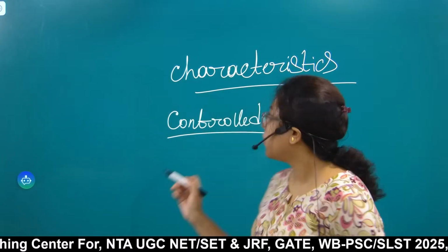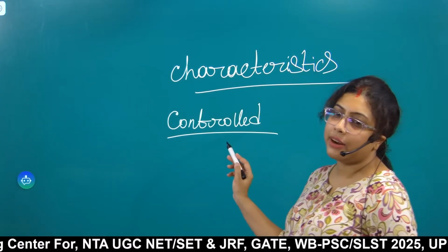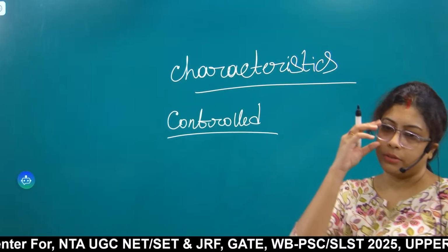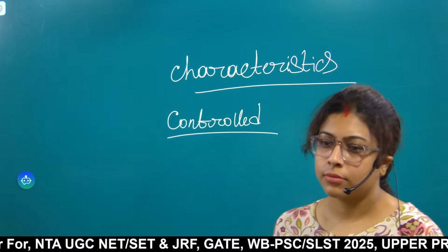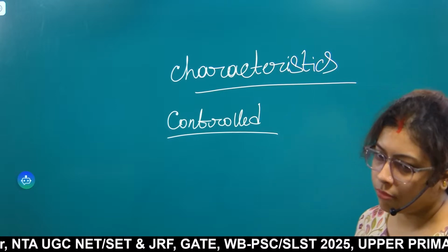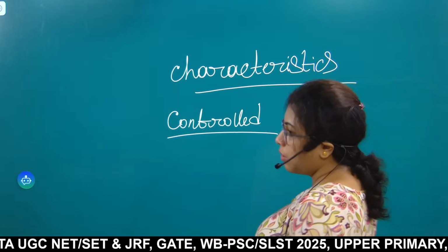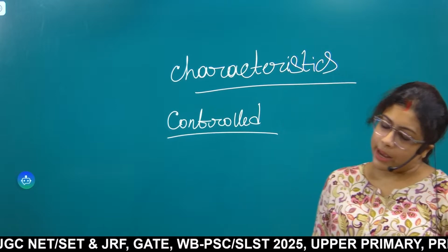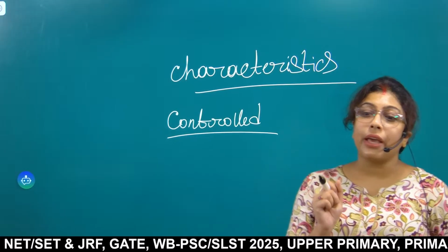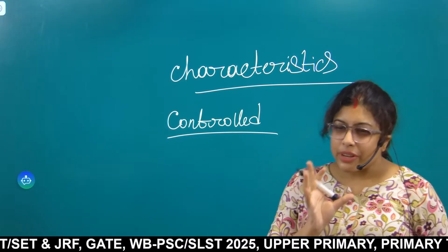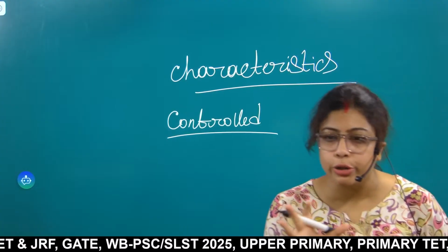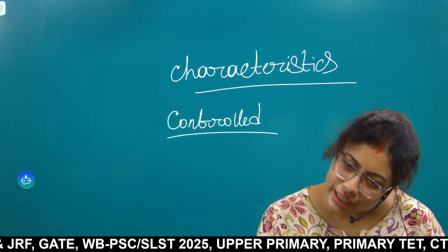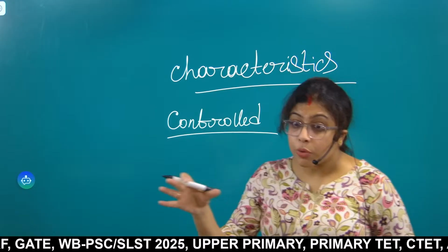So it is controlled. Okay, first point that is there, it is controlled. Why is it controlled? Yes, research stimulates a kind of control. And you need to be very systematic.